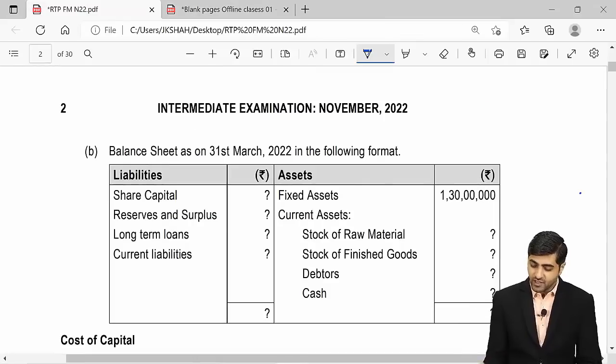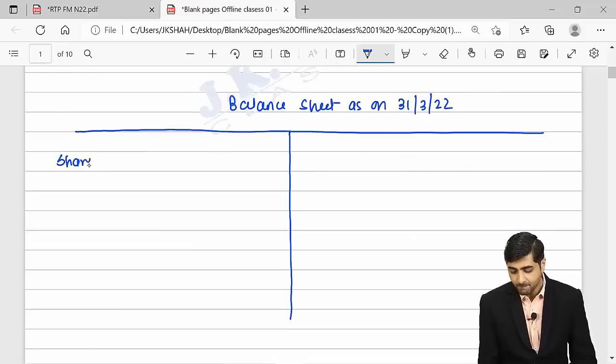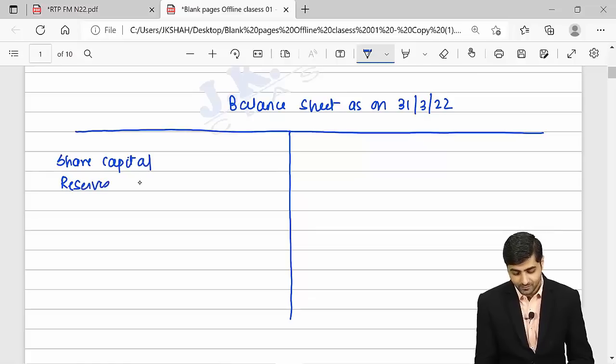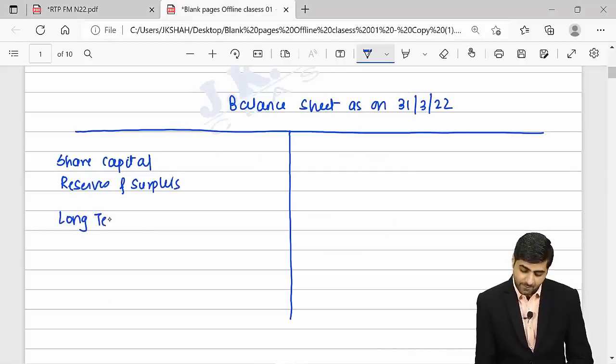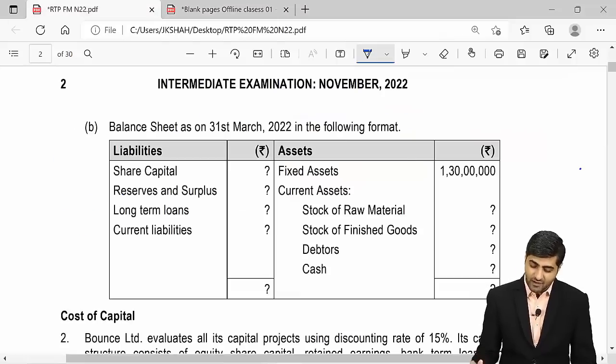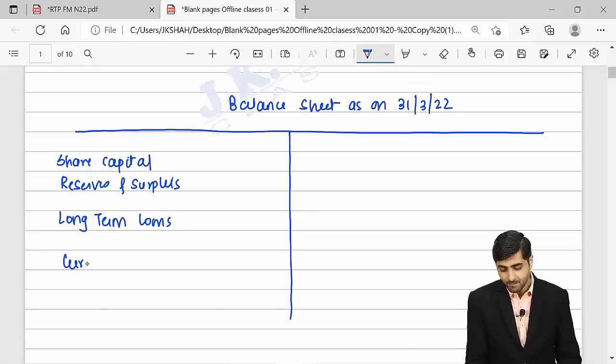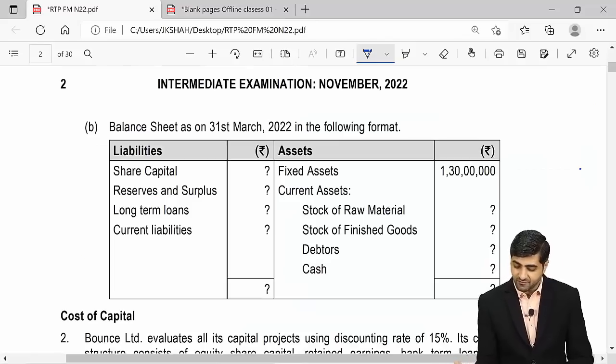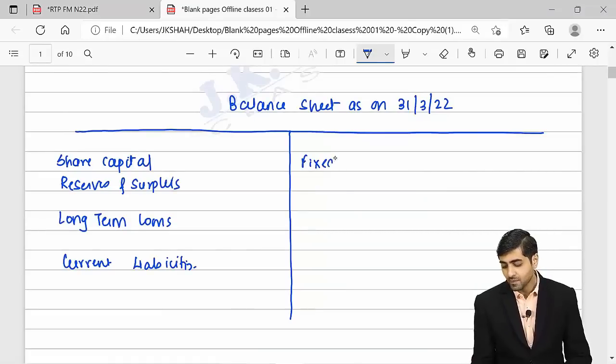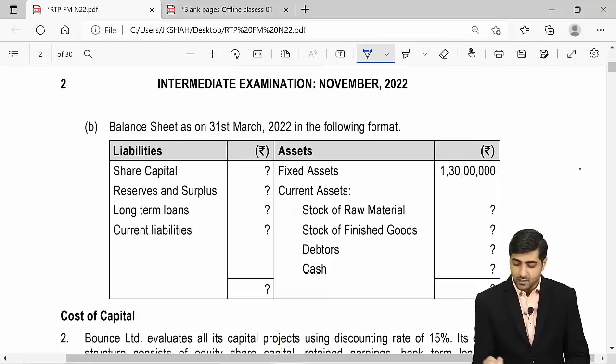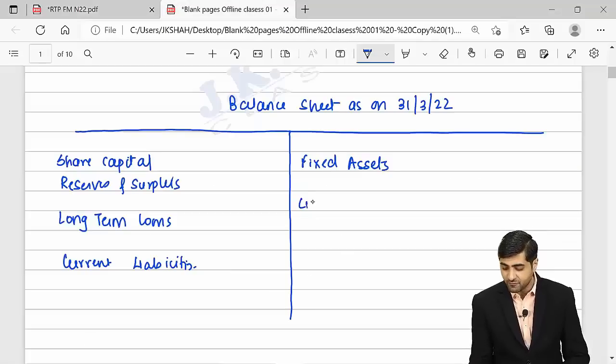In this balance sheet we have share capital, then we also have reserves and surplus, after which we have long term loans, and then we have current liabilities, and on the asset side we have fixed assets, and then we have the current assets in which there are some 4 elements.